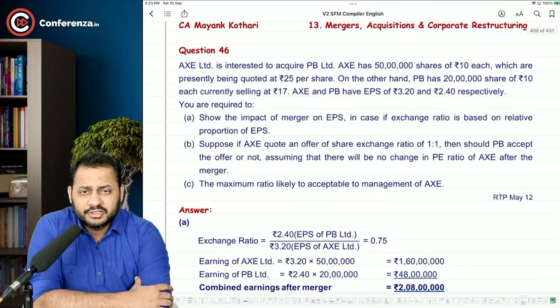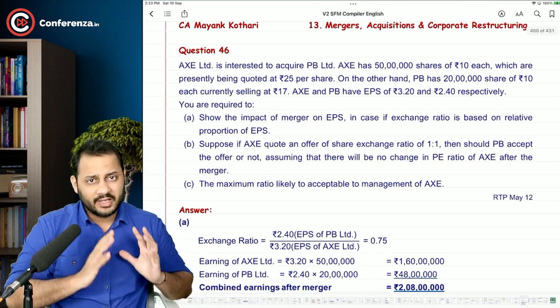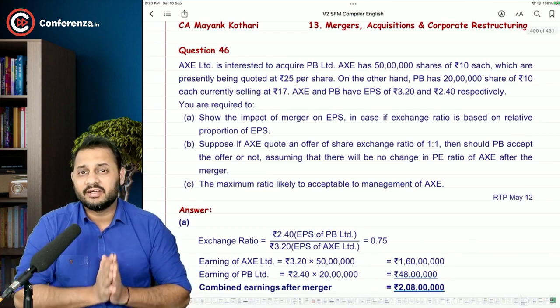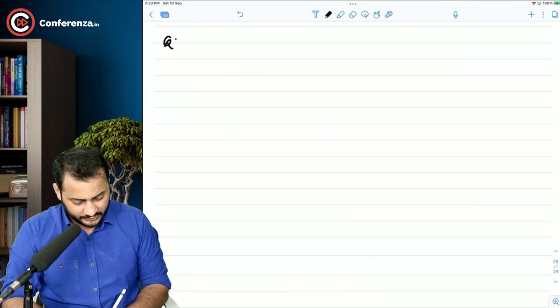X Limited is interested in acquiring PB Limited. X has 50 lakh shares. So this is a paragraph given to us. We will convert that data into table. Question 46.